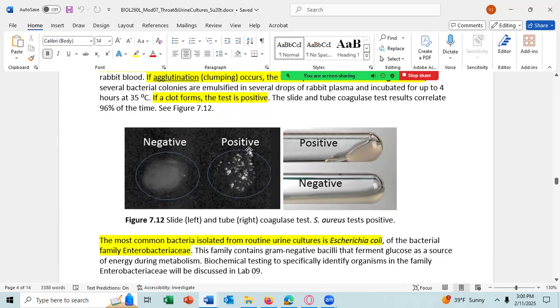And there the plasma has began clotting. You see clumping on the slide. But you can also use the tube test. And if the coagulase is present, the plasma will clot, shown here, will clump together. And the negative, the plasma will be a liquid, and you tilt the tube and you can see the plasma is running. Any questions about the coagulase test?